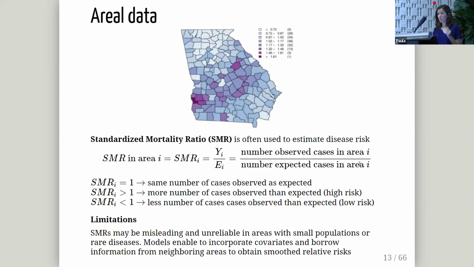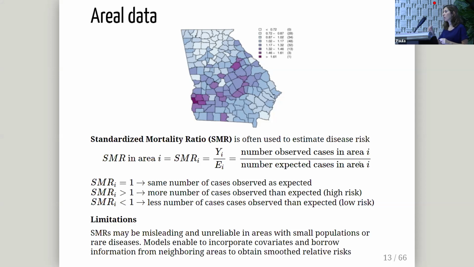If we have more cases observed than expected, SMR is greater than 1, and the area is a high risk area. And if we have fewer cases observed than expected, SMR is less than 1, and we have a low risk area. So this is very easy to calculate, but this has some limitations because this may be misleading in areas with small populations or rare diseases.